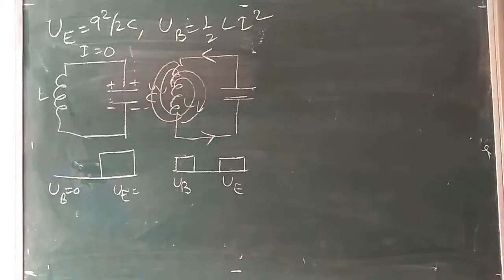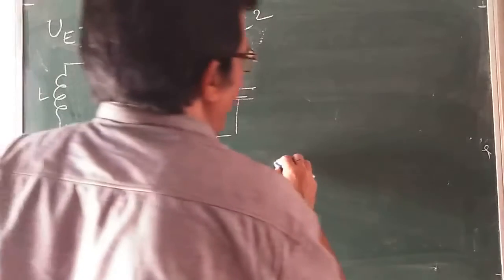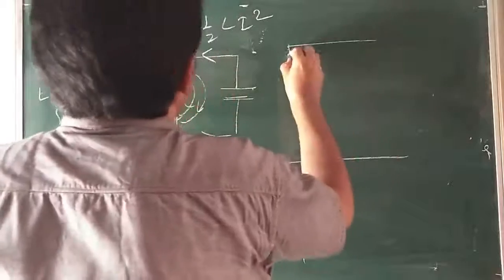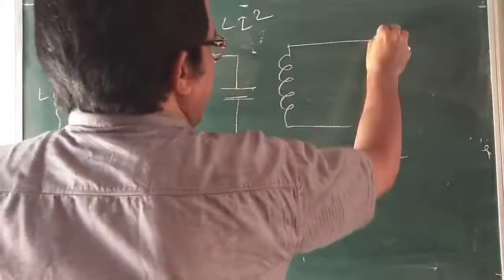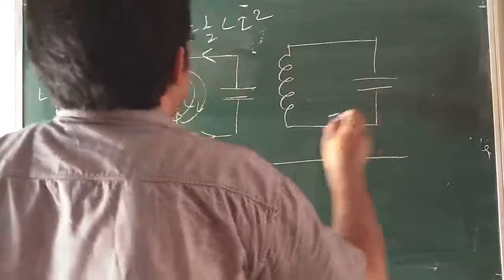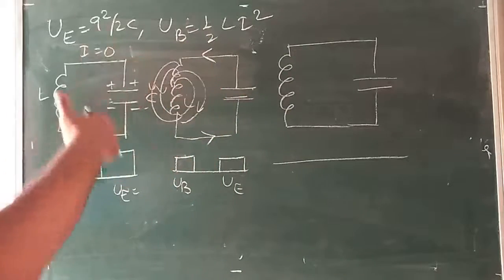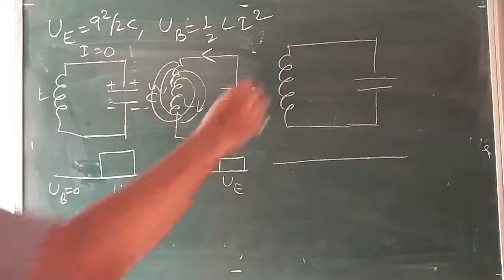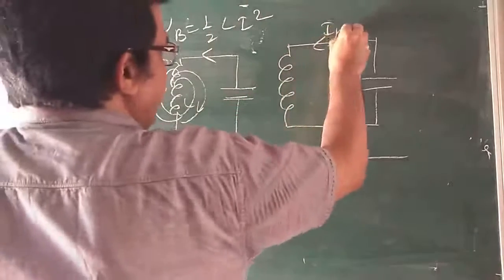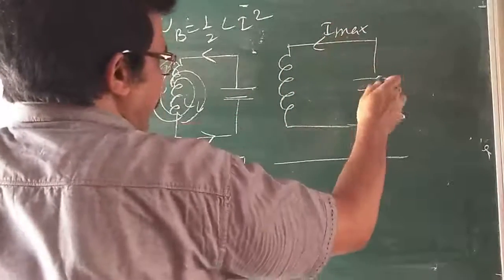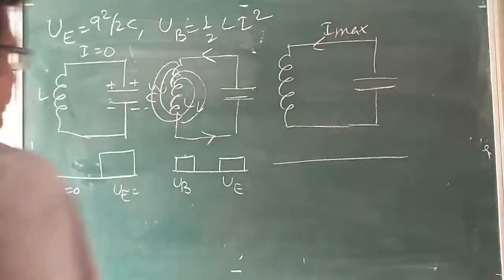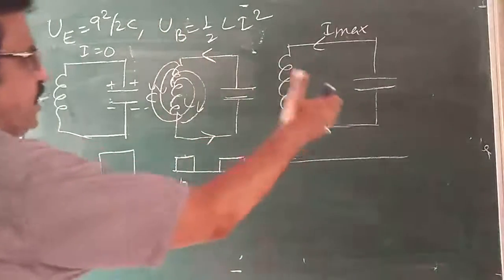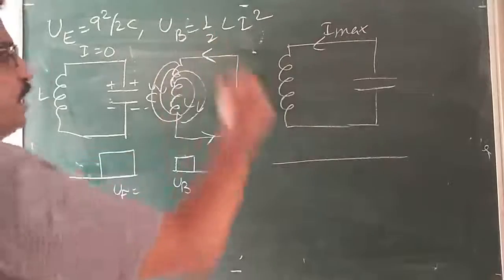Say, in the third stage, what happened? Again, here is our inductance, here is capacitance, and the capacitor goes on discharging. All the charge on the capacitor is transferred, and the maximum current flows here. The capacitor is totally discharged and all of the electrostatic energy is converted into magnetic field energy.